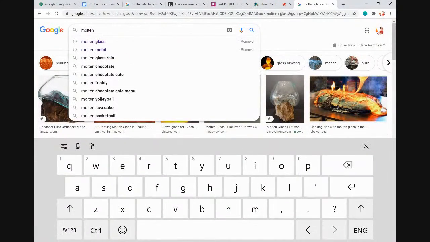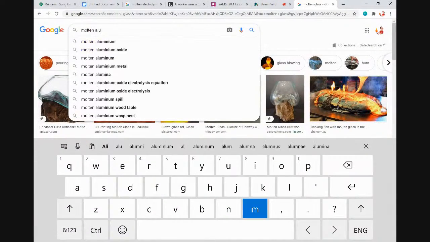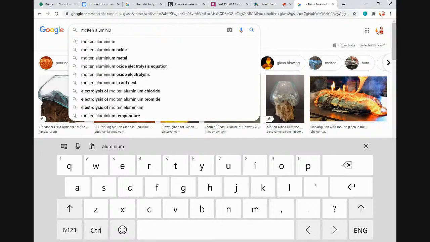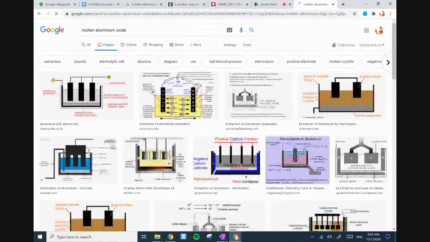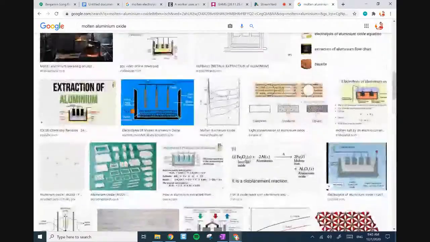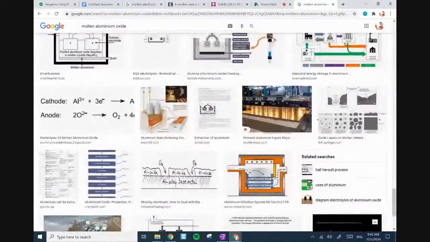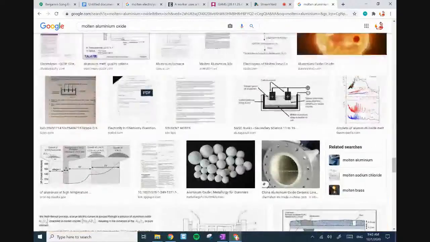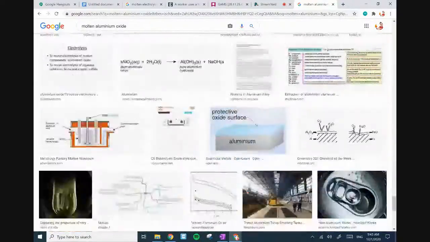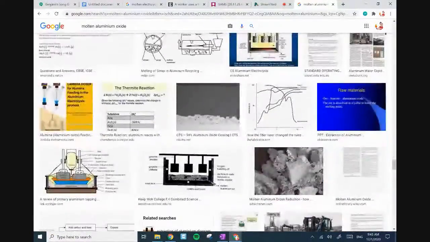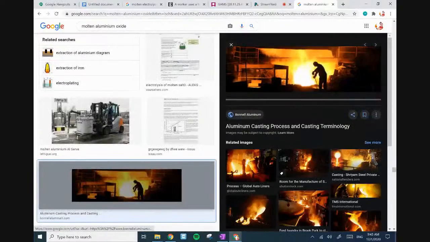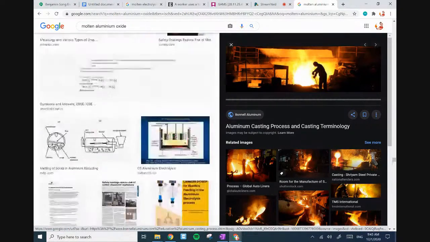Let's look at molten aluminium oxide. Check this one out. I knew it was going to do that. It's gone into all the understanding diagrams, which is not what I want. Look at that. Wowza. Aluminium casting. Nope, that's not the same thing. That's molten aluminium.